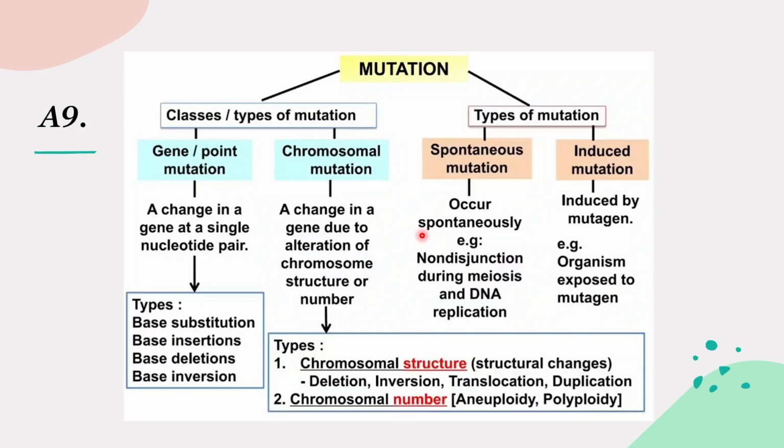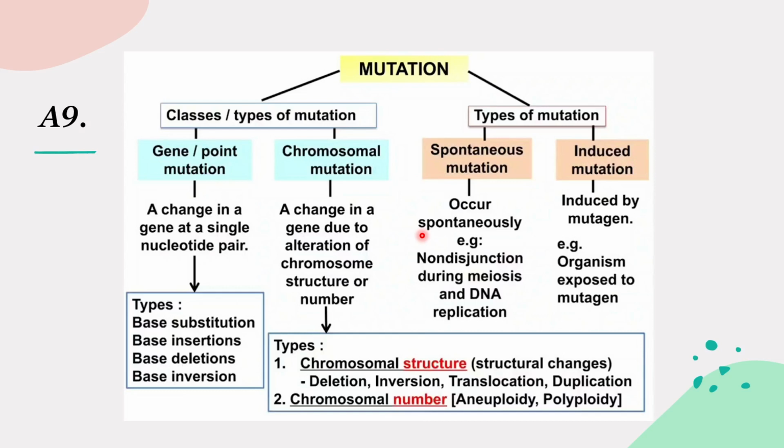Mutagens are, for example, exogenous factors like we discussed in the previous slide. This may be ionizing radiation or UV light or alkylating agents or anything which is a mutagen. We can use that to produce an induced mutation at a particular site.